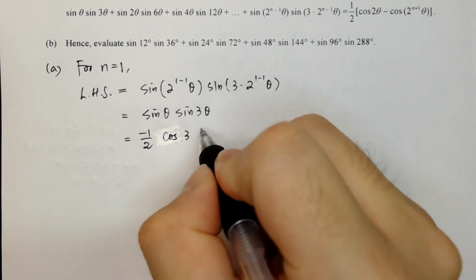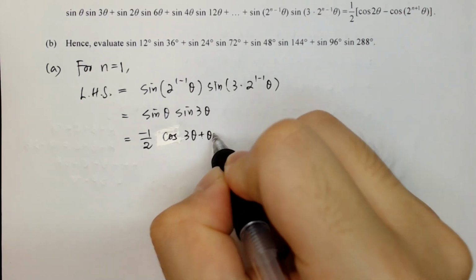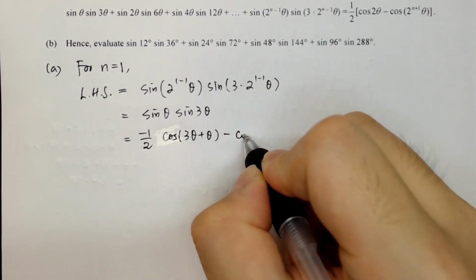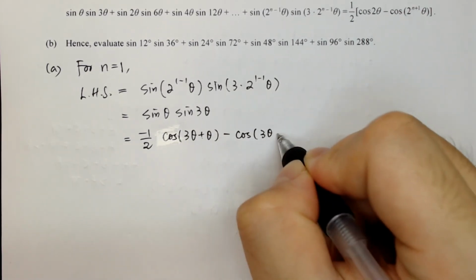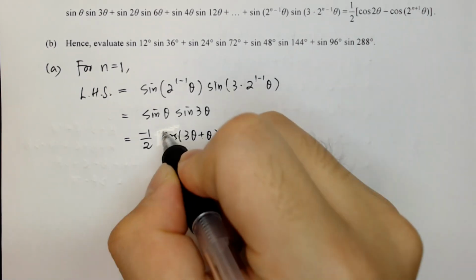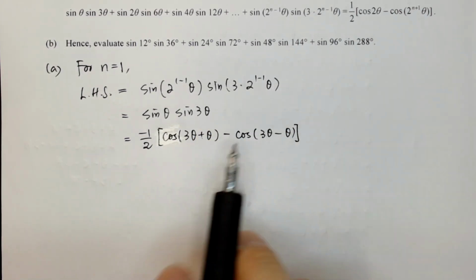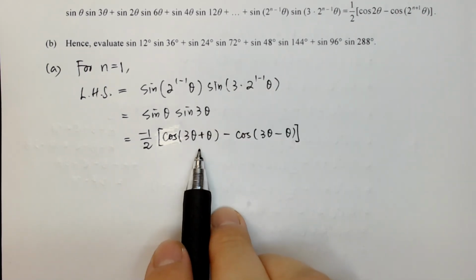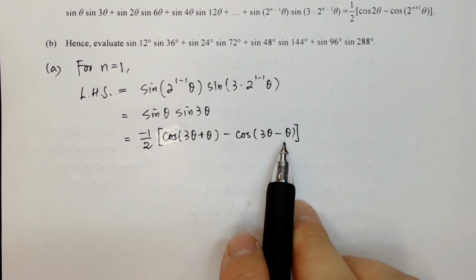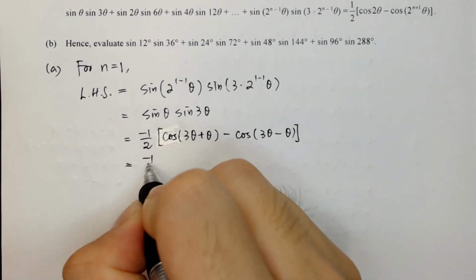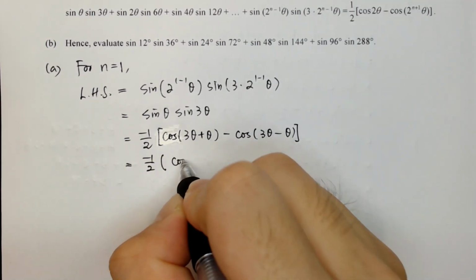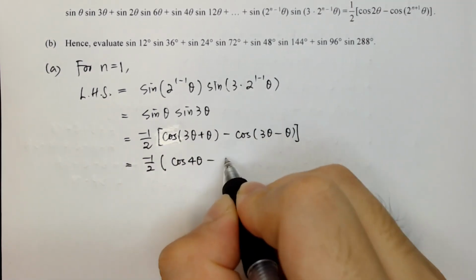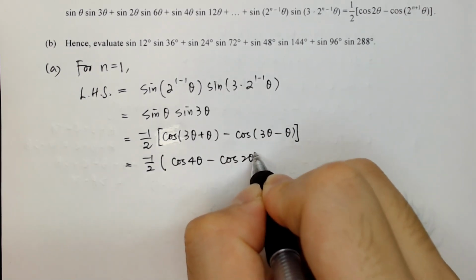So we have cosine of 3 theta plus theta minus cosine of 3 theta minus theta. Okay, don't ever skip this step. Write literally 3 theta plus theta and 3 theta minus theta. And you will get negative 1 over 2 of cosine 4 theta minus cosine 2 theta.